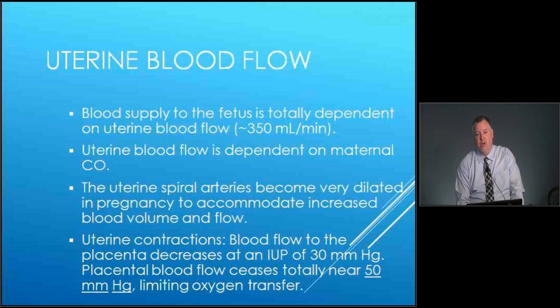And of course we know that 50 millimeters of mercury is not even a very strong contraction. So it does not take a strong contraction to impede blood flow. It just needs to be a moderate contraction to really impede blood flow. And even a mild contraction at 30 millimeters of mercury will begin to impede blood flow as well.